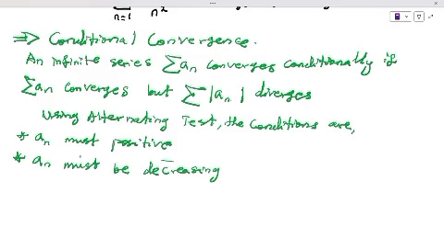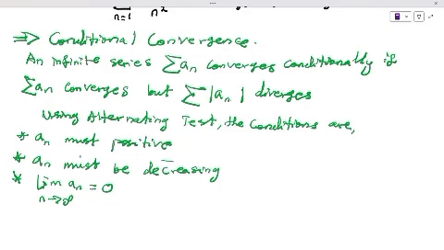And then by the time you find the limit as n approaches infinity, it must converge to 0. So by the time you take the limit, the limit as n approaches infinity of an must be equal to 0. These are the three conditions that must be met using the alternating test to test for convergence.